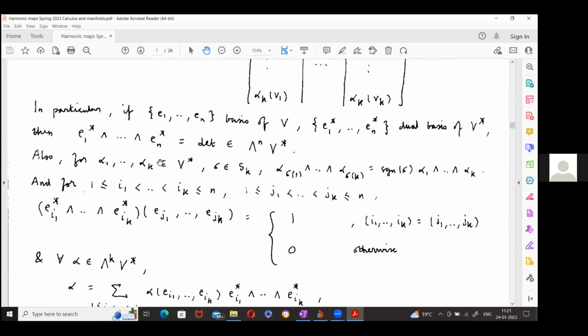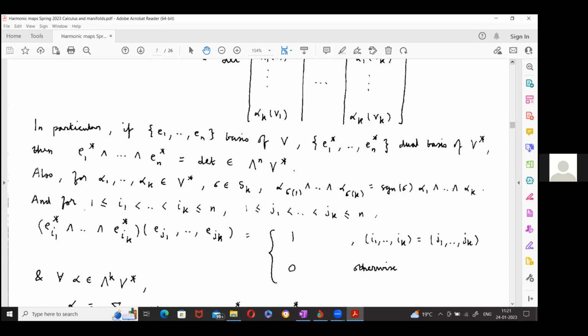And from this, you can also see that the wedge product of one forms is itself alternating, acting on one forms. If I permute the one forms alpha 1 up to alpha k, then I'll get the wedge product alpha 1 wedge alpha k times the sign of the permutation, right?